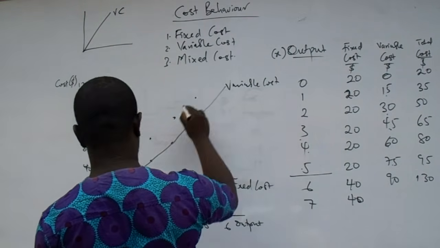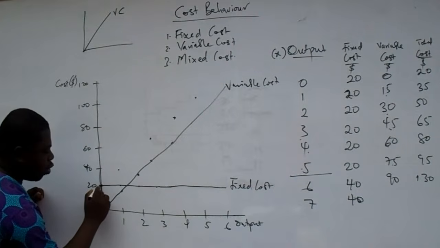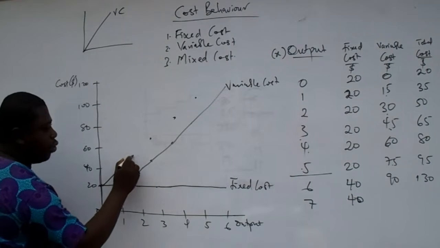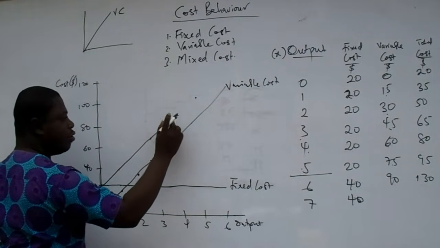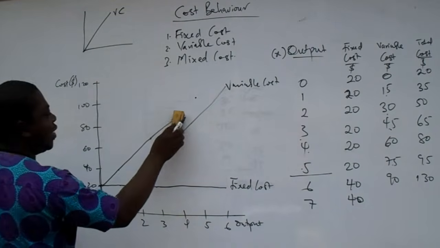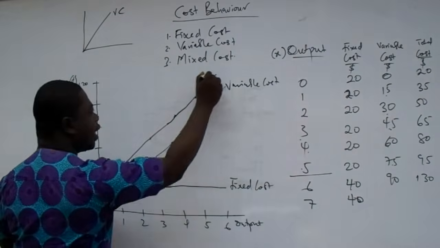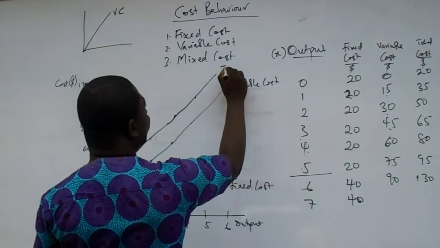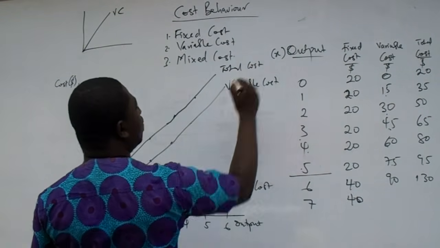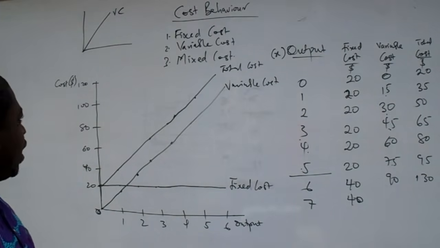And so the total cost line will begin from the fixed cost level through these points. Oh, sorry, forgive me for my crooked lines because I'm not using a graph. Through these points like that, up, and this will be total cost, and that is the mixed cost line.